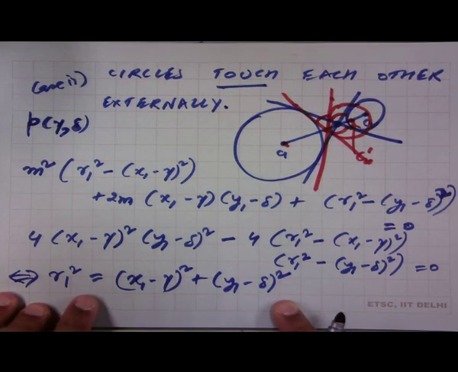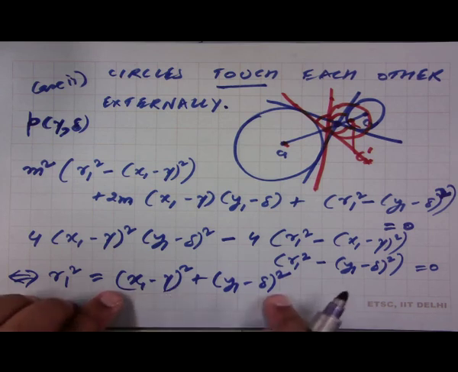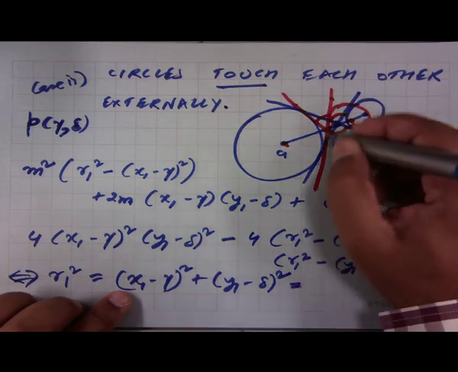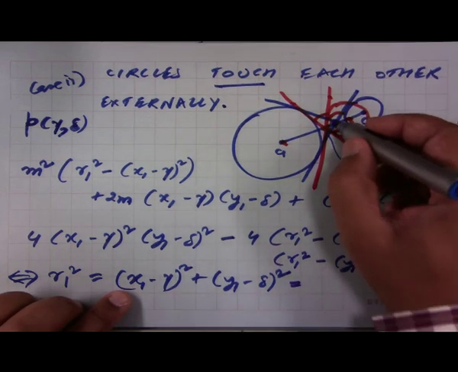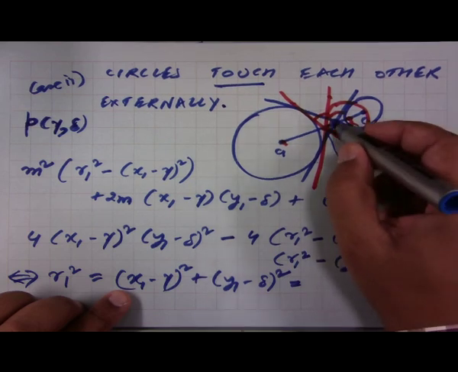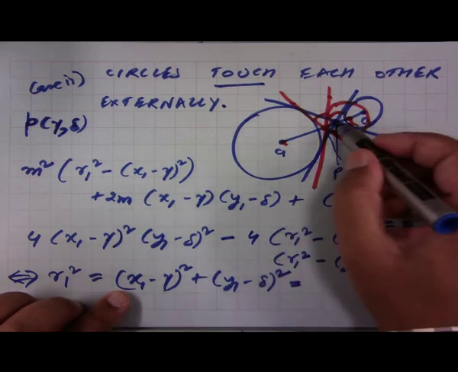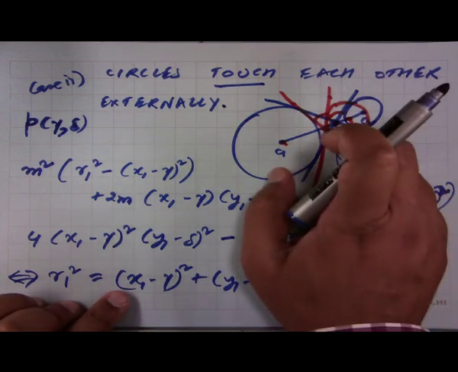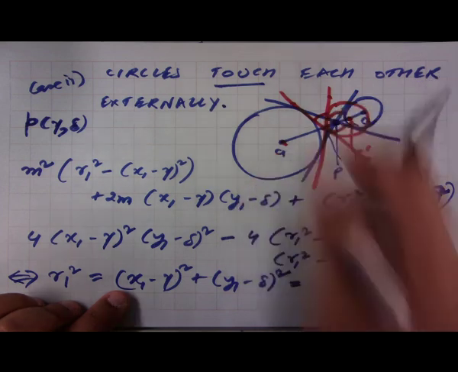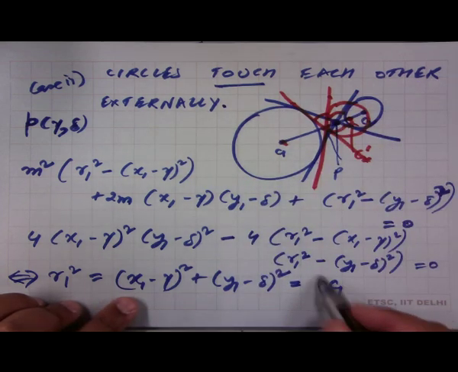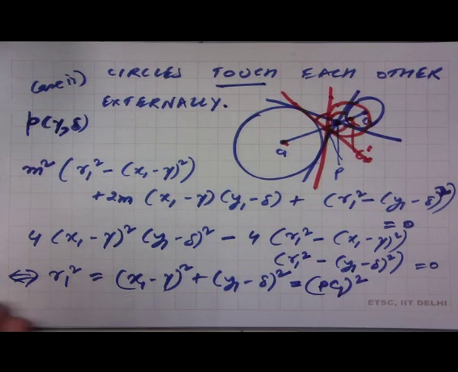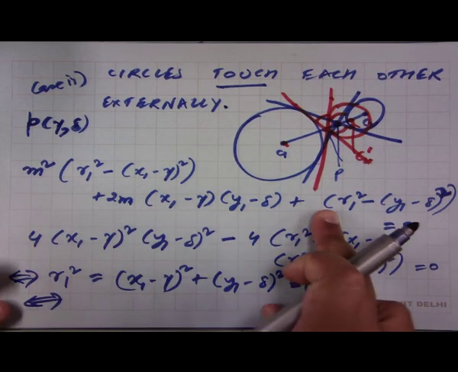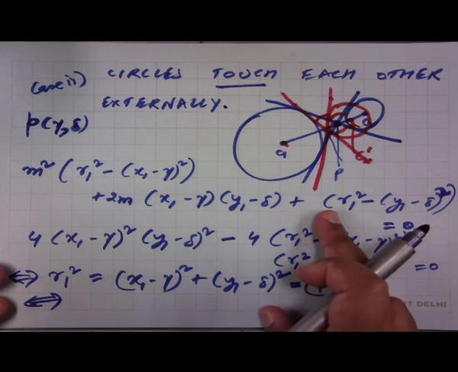But if you remember, this distance is nothing but the distance between the point P, this point P over here, and the center C1. So, square of that, P C1 square. So, essentially what this implies is that we will only have one transverse common tangent if and only if PC1 is R1.